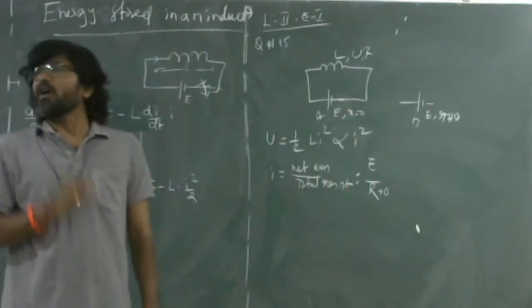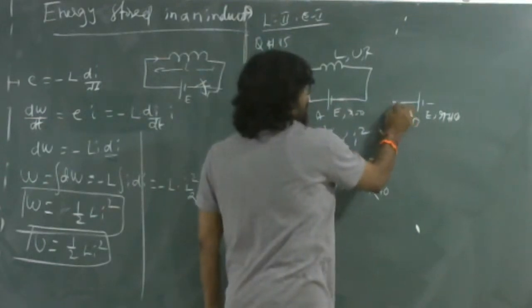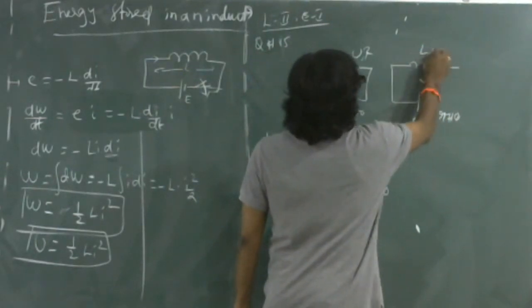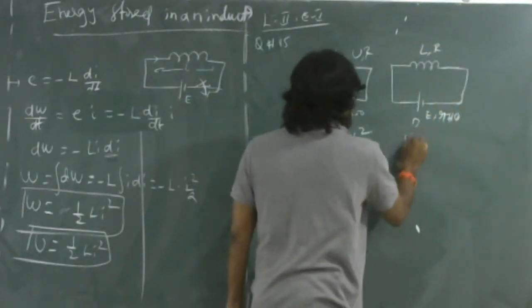Got this? Whereas now once you disconnect this and connect to the second one, same coil having inductance L, resistance R. The question is, now what should be the energy stored?